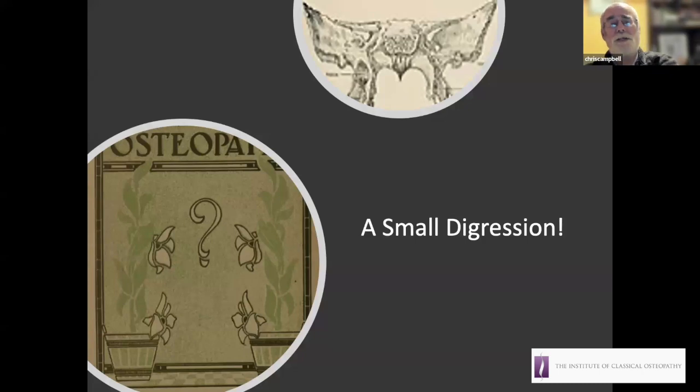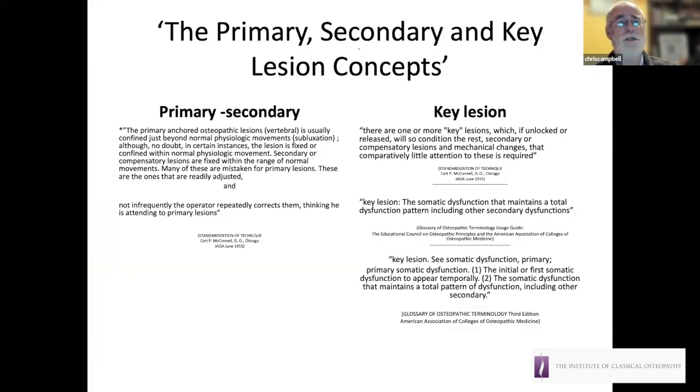So I just want to digress a little bit on that, onto these words, primary and key lesion, because our point of view is different. We've got primary and secondary, and this is taken from Carl McConnell in 1915.